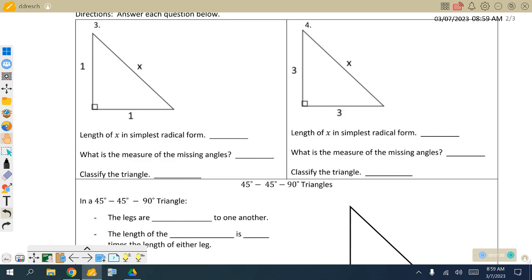Again, we're going with simplest radical form. No decimals at all, unless the directions tell you otherwise.